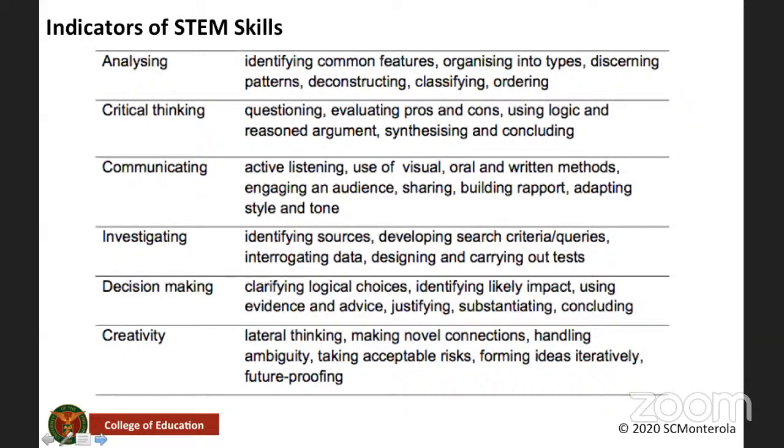When you talk about analyzing, you can ask students to talk about common features, or contrasts, or differences. Organizing them into types is part of analytical skill. Being able to detect patterns, to deconstruct an idea, and to sequence them properly are all part and parcel of analyzing.